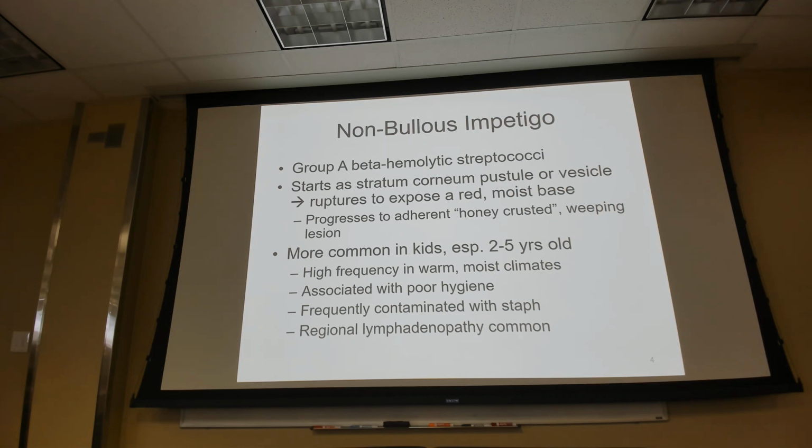They get that honey crusted weeping of the lesions. The non-bullous is a smaller one. It is filled with some pus, and those things can rupture, especially if it's a child who's always scratching at their face.